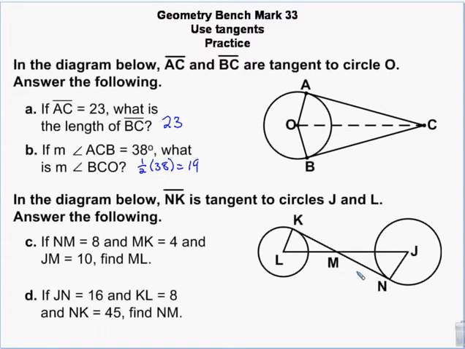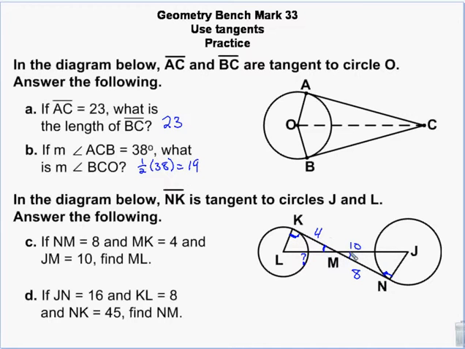Okay, and then we have some tangent lines to two circles. If NM is 8 and MK is 4 and JM is 10, we want to find ML. What do you think is happening with these two triangles? Well, I can tell right here, this is 90 degrees and this is 90 degrees, right?